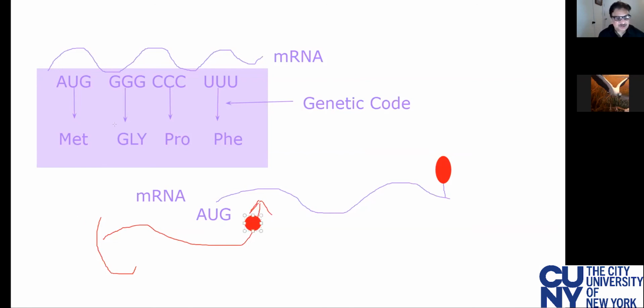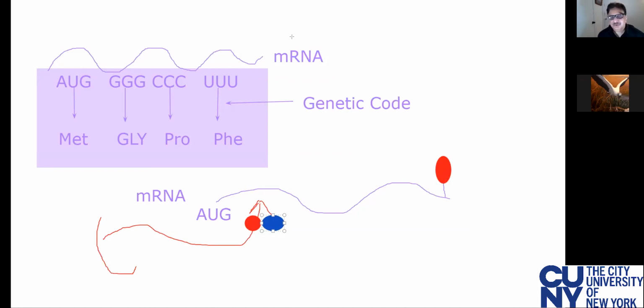And then let's say a second tRNA comes, it brings a second amino acid, let's say glycine. So they come together. All these amino acids are brought by tRNA, and they come here depending upon the sequence of mRNA. Now this has to stop.